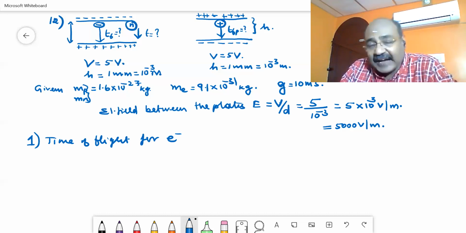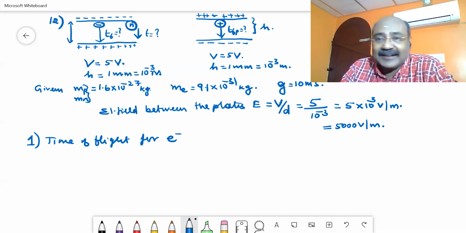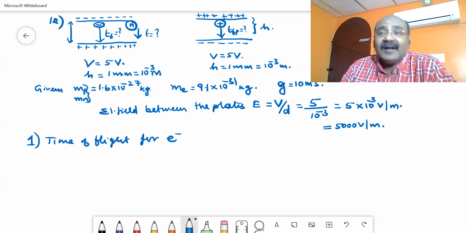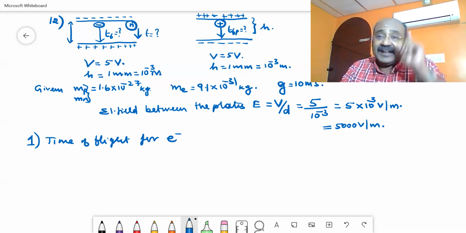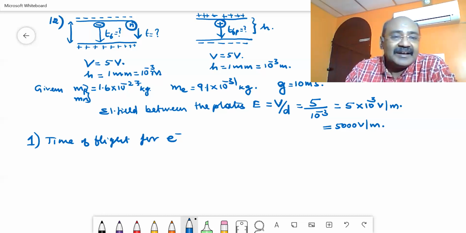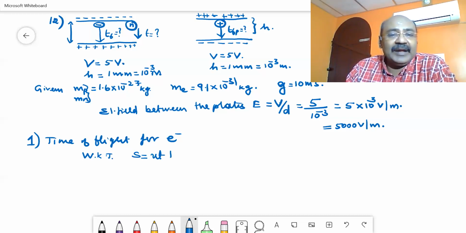We know the force acting on it. We can calculate the force acting on the electron by the electrical field, so acceleration can be calculated. So use the formula relating u, v, s, t in equations of motion. According to equations of motion, s is equal to ut plus half at square.